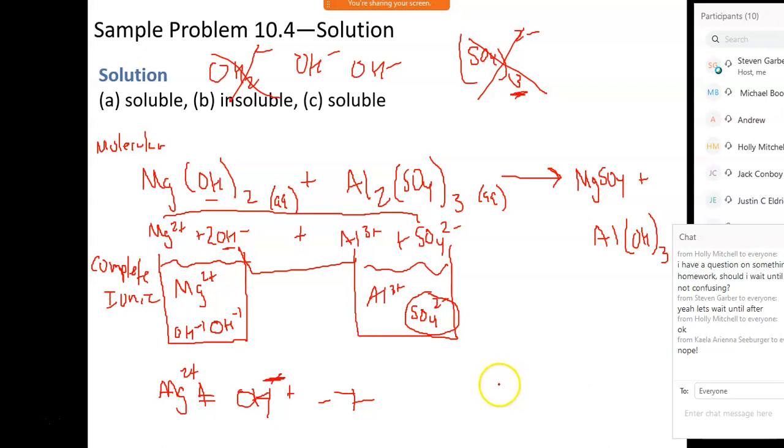Isn't that good? Again, we're going to do a lot of practice. I also have a practice sheet, but the main thing that people get confused with is these numbers. What do you do with these numbers? Make sure you understand it. Again, if you're still not good at writing formulas, I highly recommend that you get good at that first, because a lot of people will put, I see this a lot, MgSO4 and then an Al2(OH)2.